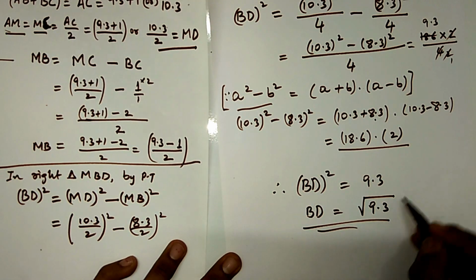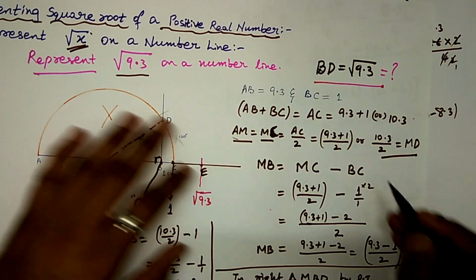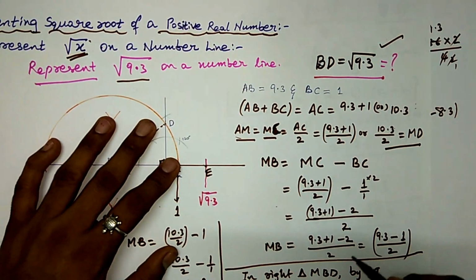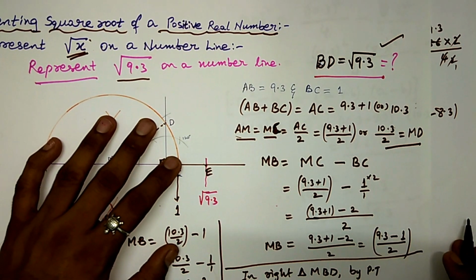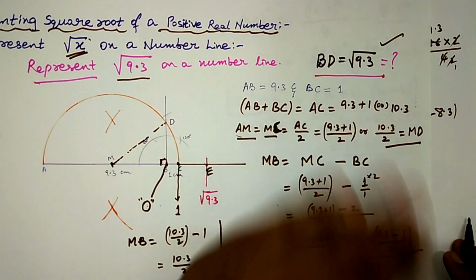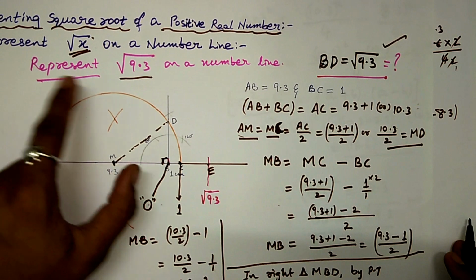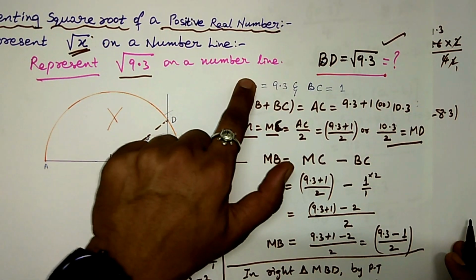This is only to be proved. I have proved it. Okay. So, this is how we represent root 9.3 on a number line.